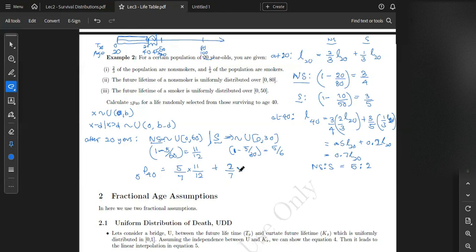After 20 years, out of the entire population, we have a 2/7 fraction of smokers, and out of that, there will be a 5/6 fraction of survivors for the next 5 years. So once we add these two numbers up, it gives the proportion, the percentage of the survivors at the end of 45 years.